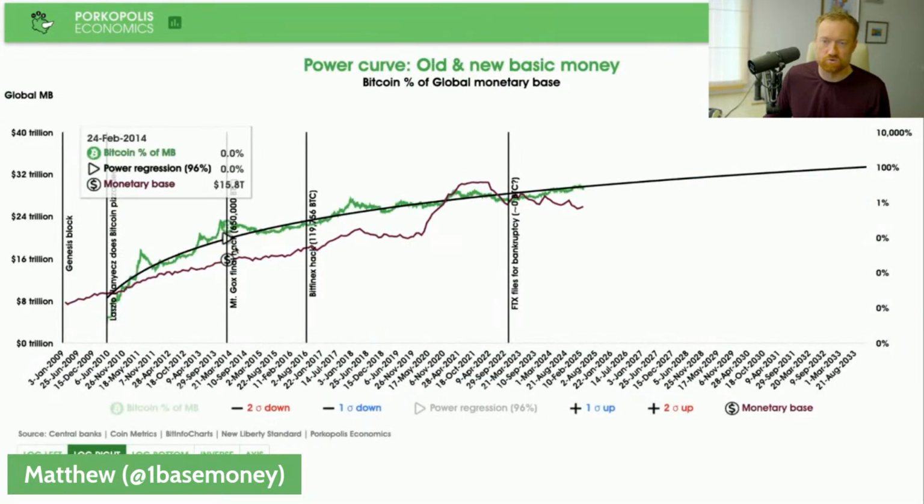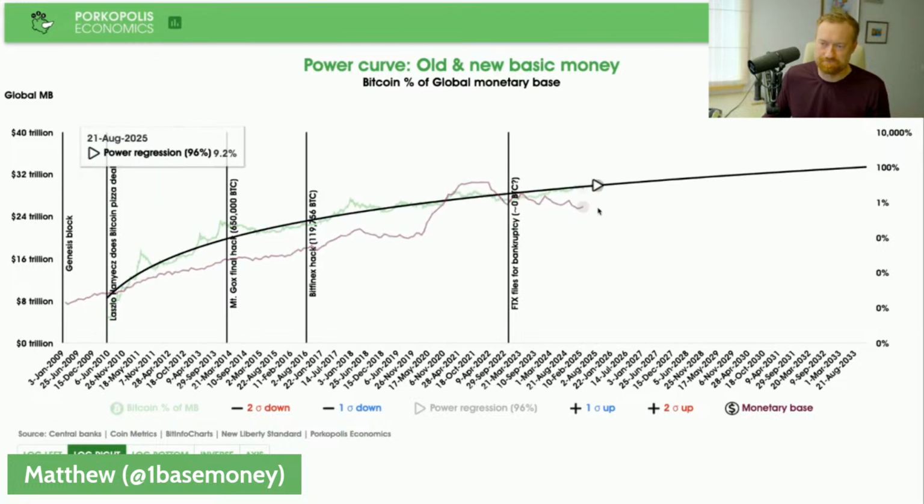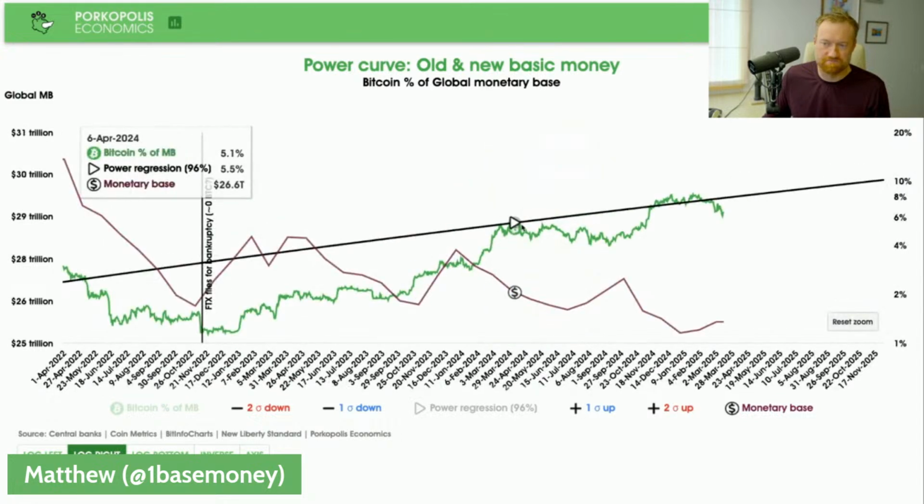Will give you this green line, and it's just continuing to grow. And we're even seeing a fall in the monetary base. All right, they're trying to cut back a lot of the 2020 excess liquidity. And Bitcoin just keeps chomping into that market share, green line.